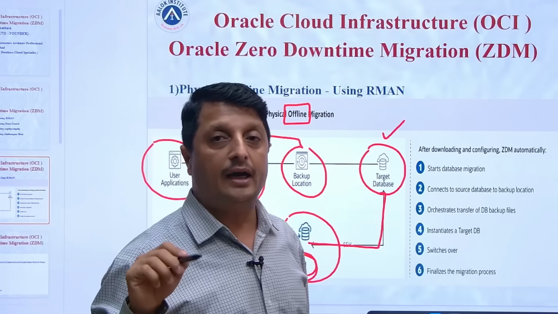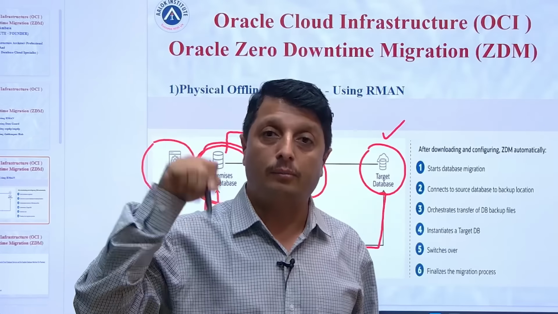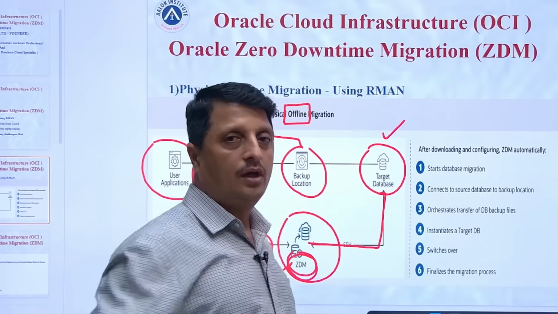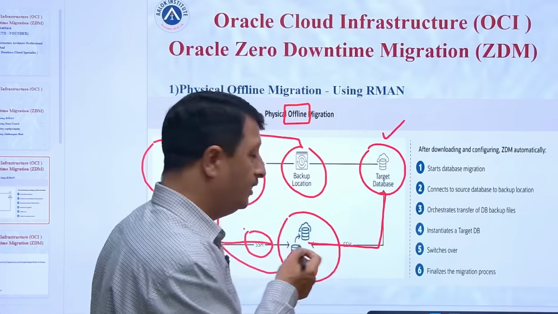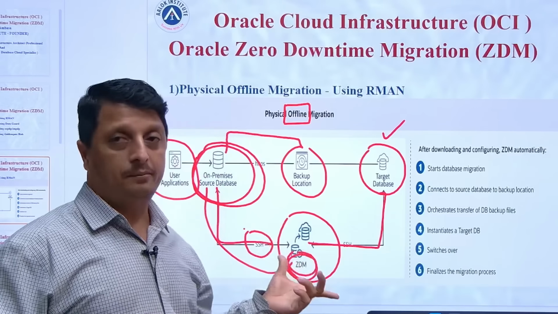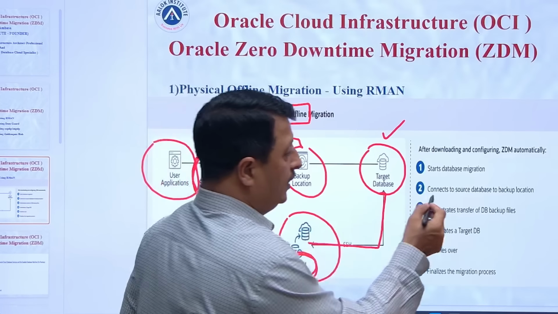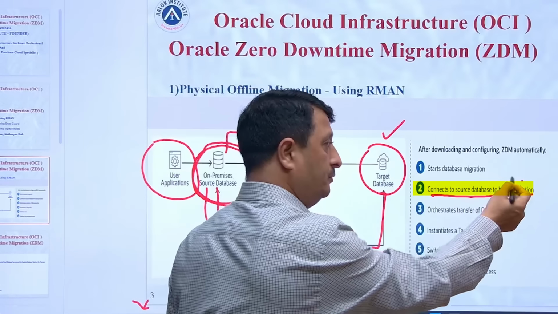It's possible that I can tell ZDM I will take the backup and it will start from there onwards. It's possible, but it is not recommended. It depends on a case-to-case basis. I am saying go ahead and use this ZDM. Tell it to connect to my source and start taking the backup.